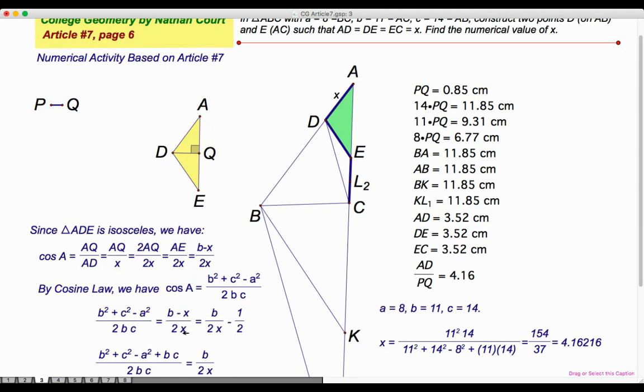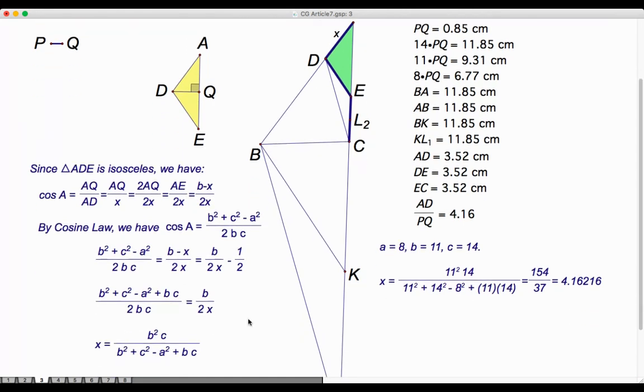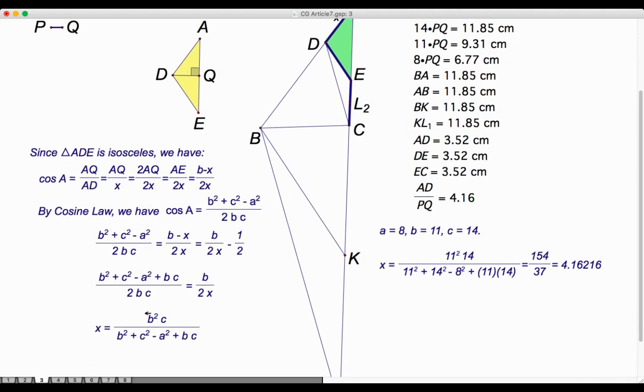Just separate this one: b over 2x minus x over 2x is equal to minus 1/2. With that, algebra leads us to x being equal to b squared times c all over (b squared plus c squared minus a squared plus bc).